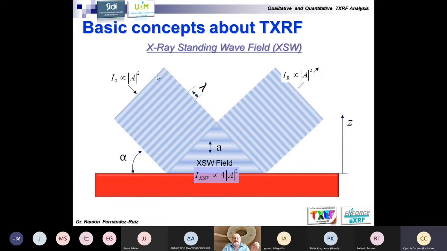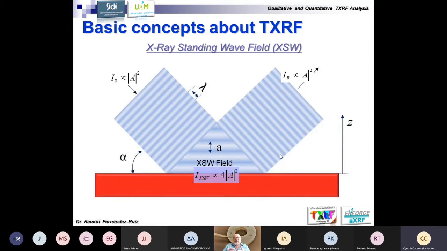That is, if the intensity of the electromagnetic wave incident over the reflector has an intensity of 1, the intensity generated by constructive interference with the reflected wave is up to 4.